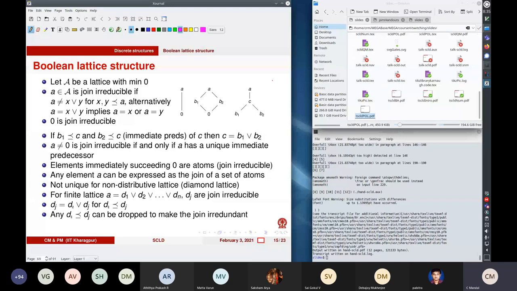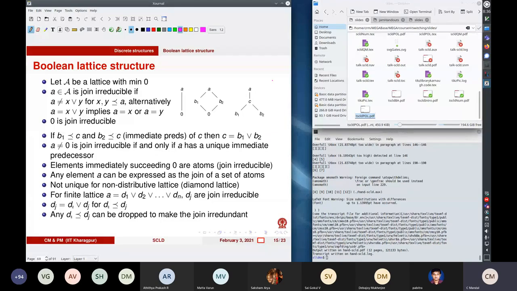If you reduce this expression in that manner, you can make this expression irredundant, so that you do not have any di which is a predecessor of dj in that list. So that makes the representation irredundant.